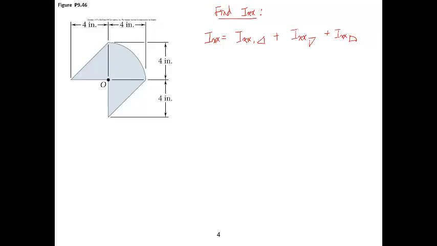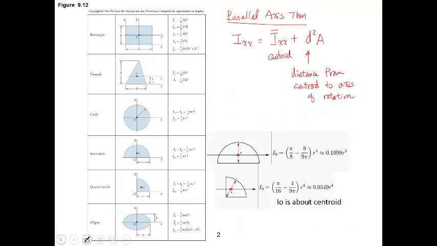But what is the Ixx of the triangle? This is where you can go to the table that we had prior to find Ixx of the triangle. Let's go back to the prior table and see. If you look at it carefully, we're rotating about the x-axis. Notice we're x, not x prime.